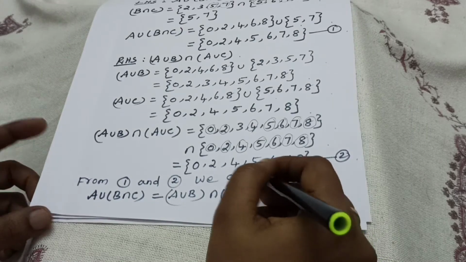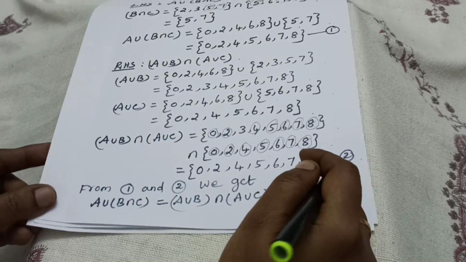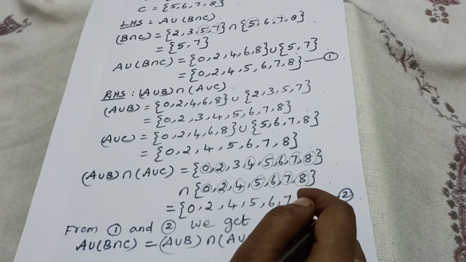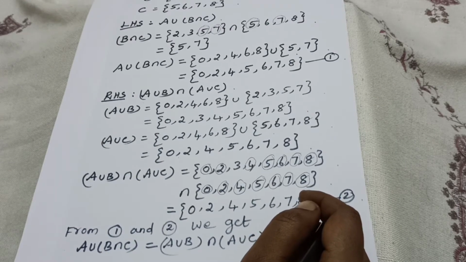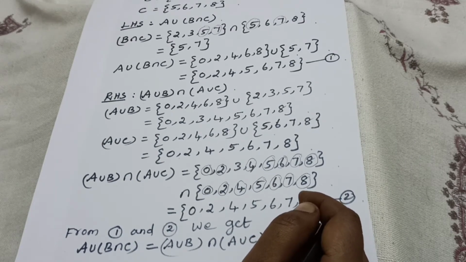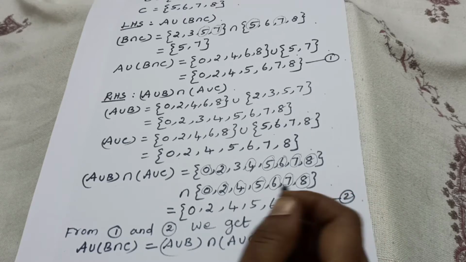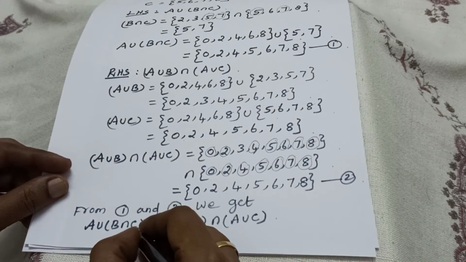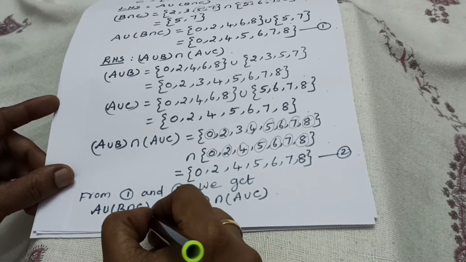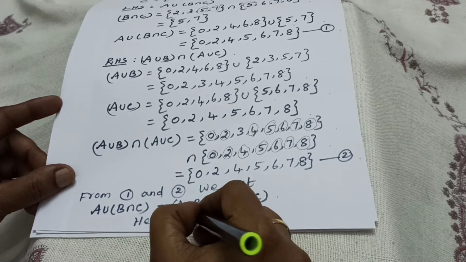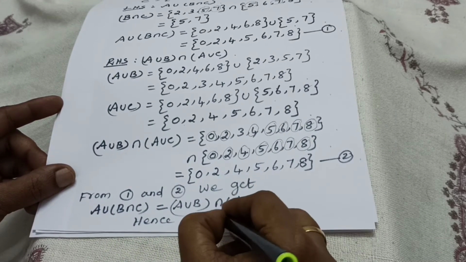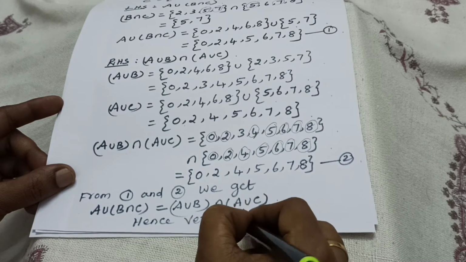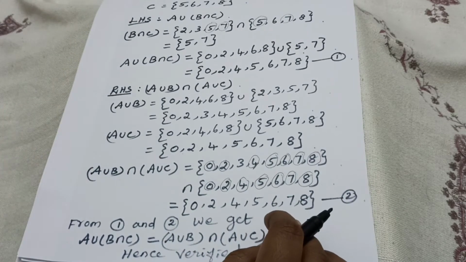So it is verified. The question is to verify A union B intersection C is equal to A union B intersection A union C. Hence verified. Have you understood? Any doubt?